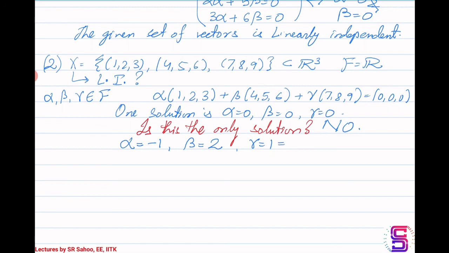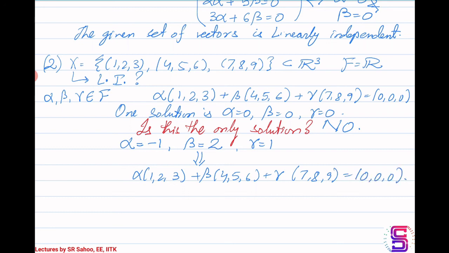This solution also implies that the sum is 0. Now the question is, is this the only non-zero solution?